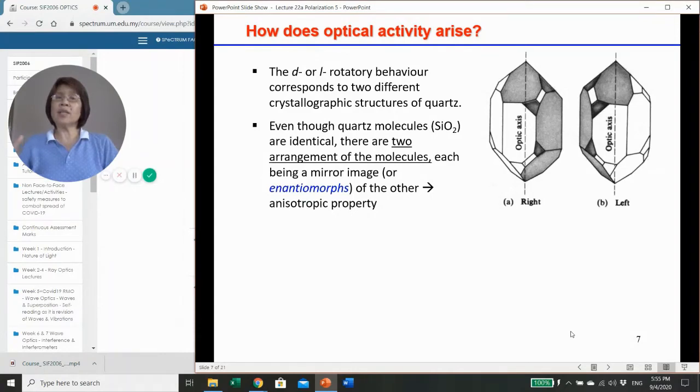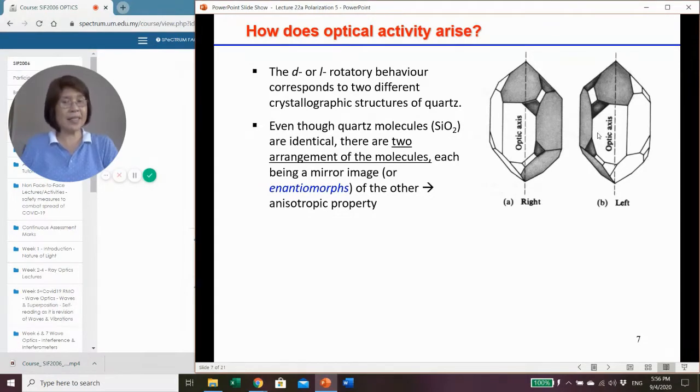Then how does this optical activity arise? Now, if you look at the crystal structure of quartz, for example, both the dextro and the levorotatory behavior actually correspond to the crystallographic structure. Here, the quartz molecule is made out of silicon dioxide.